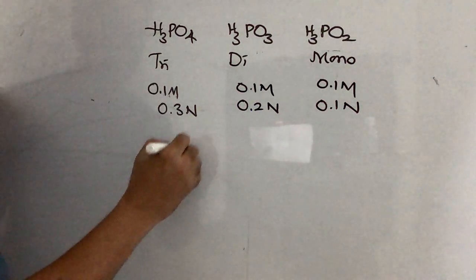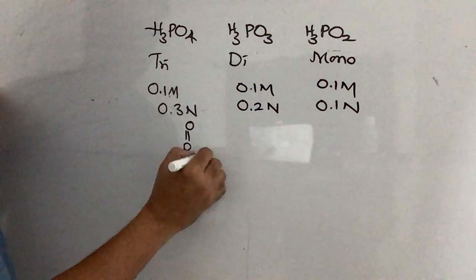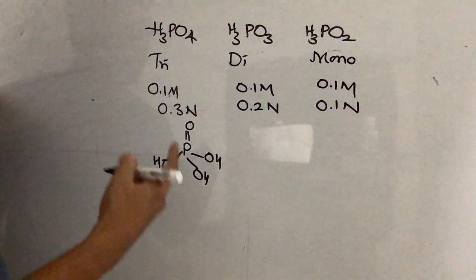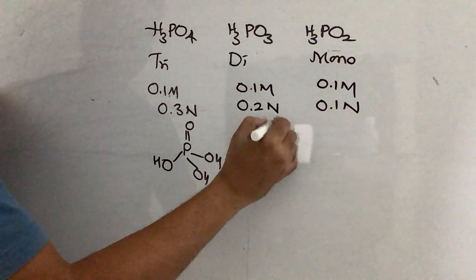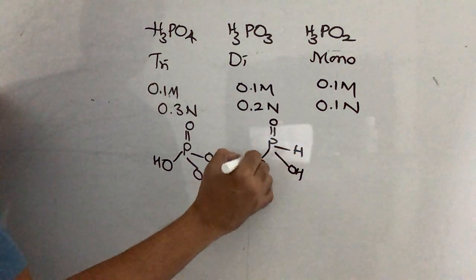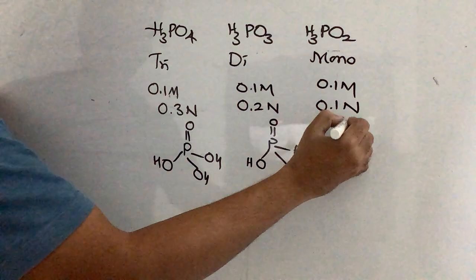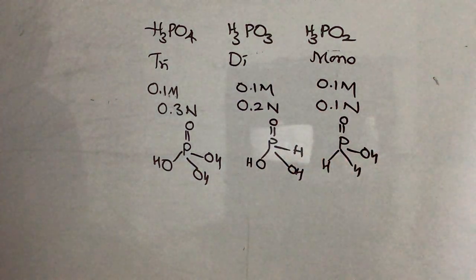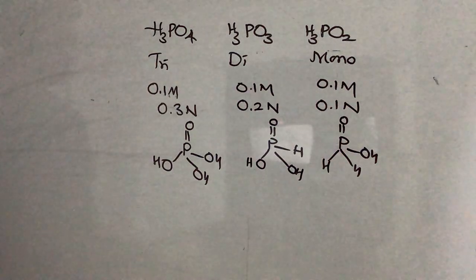How? Why? Because it's a tribasic acid. How can you say? By the structure. It can form 3 salts. P double bond O, there is one direct P-H bond, remaining 2 OH groups, dibasic acid. Here only one OH group, remaining 2 are hydrogens. Monobasic, dibasic and tribasic.